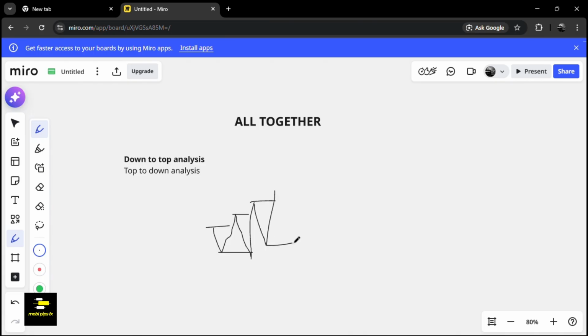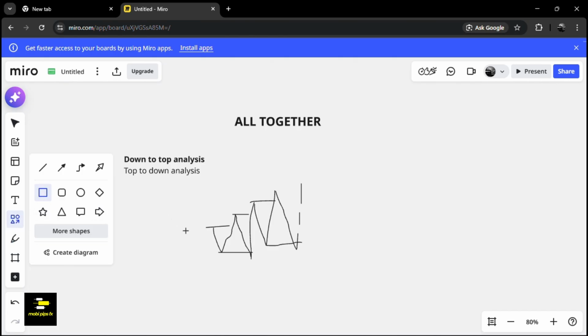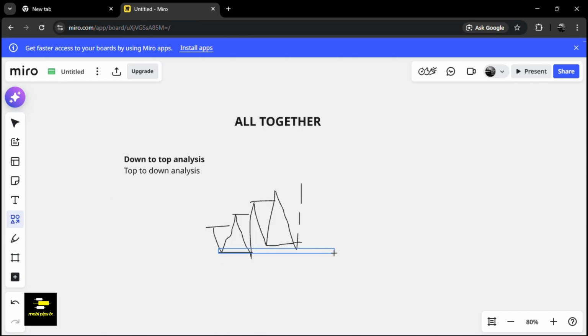So this will be our structural liquidity right here. Then we expect price to come back here, then buy. So our interested zone is here. This is where we mark our POI. That's where we are taking our buy from.